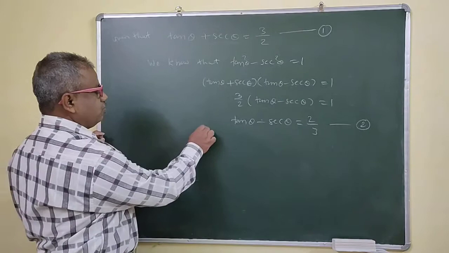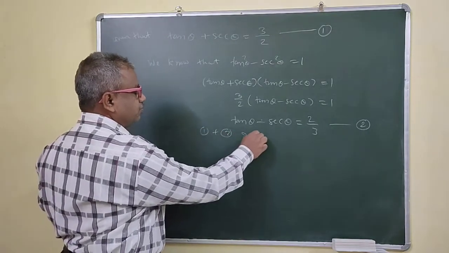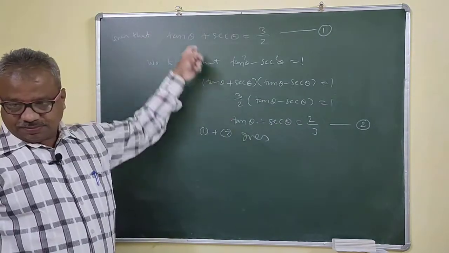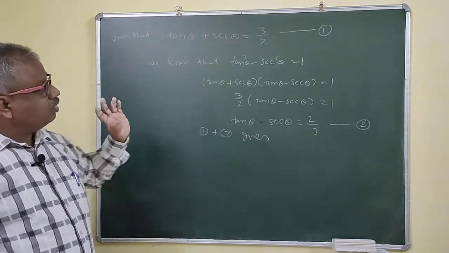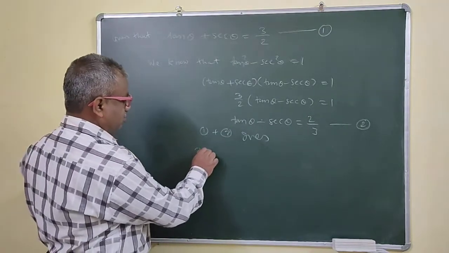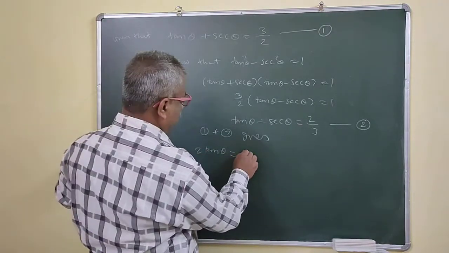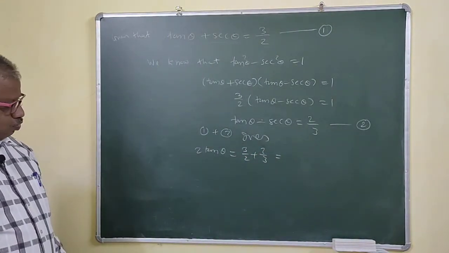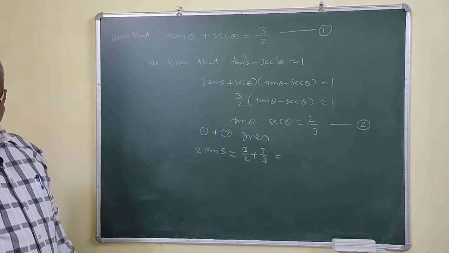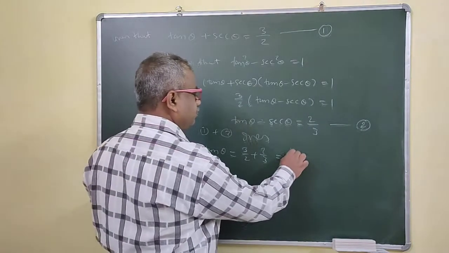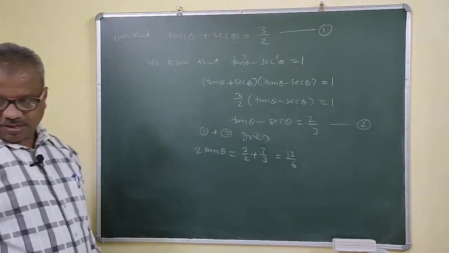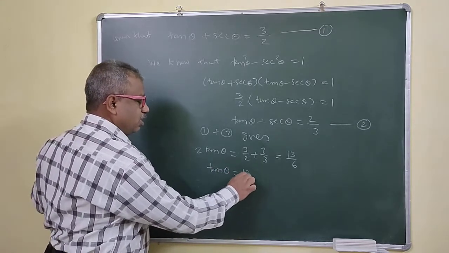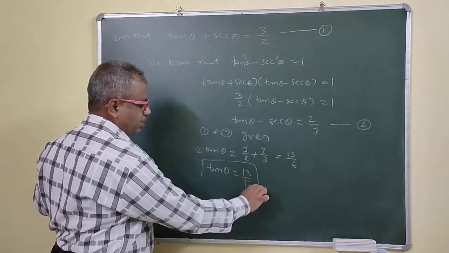So 1 plus 2 gives 2 tan theta is equal to 3 by 2 plus 2 by 3. Now 3 by 2 plus 2 by 3 is 9 plus 4, 13 by 6. Now tan theta is equal to 13 by 12. So we get the value of tan theta.